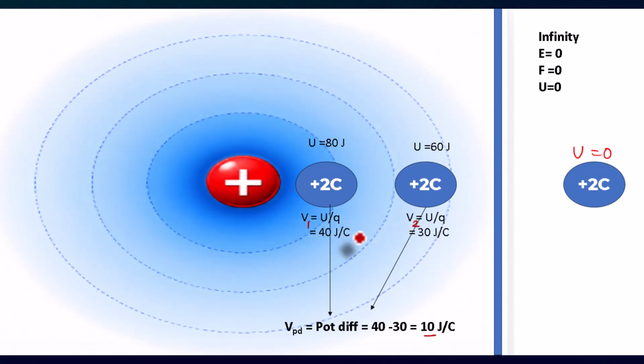Basically V1 and V2 are also basically potential differences. What were we comparing V1 and V2 with? We were comparing V1 with infinity. 40 joules per coulomb was the potential difference between this point 1 and infinity. Similarly V2, 30 joules per coulomb, was the potential difference between point 2 and infinity. So electric potential also is essentially potential difference but with reference to infinity.